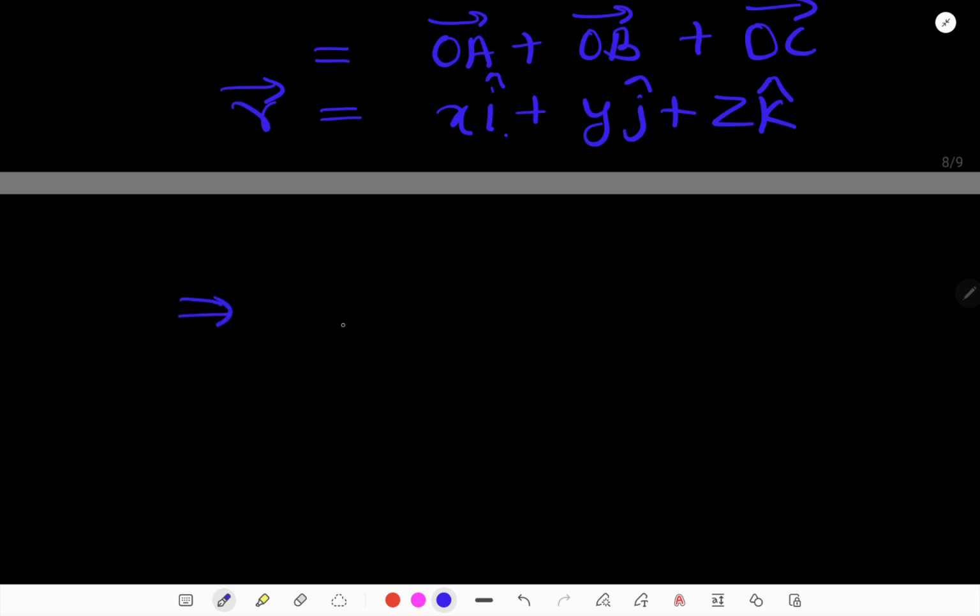Now, using Pythagoras theorem, OP square is equal to OF square plus FP square.